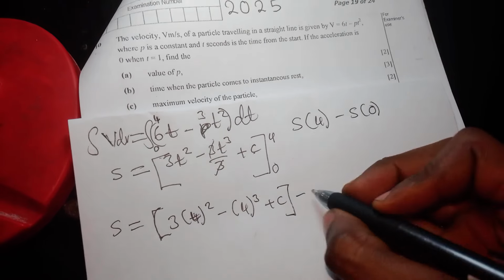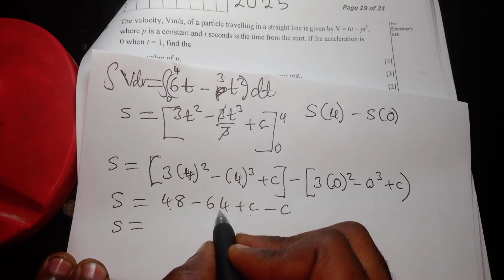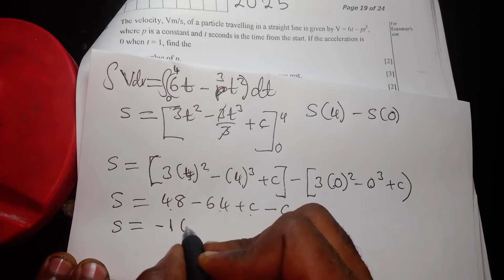So this is why we don't normally include the c when we're dealing with a bounded integral or a definite integral. So your s will be this minus this, which is minus 16 meters, then this minus this, you have a 0. Now remember, this is displacement, so it can either be positive or negative.